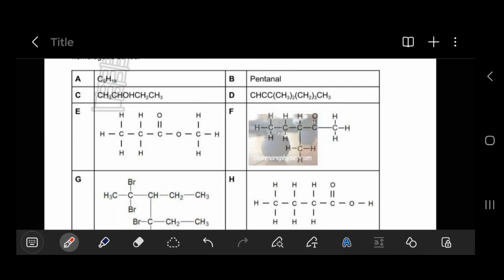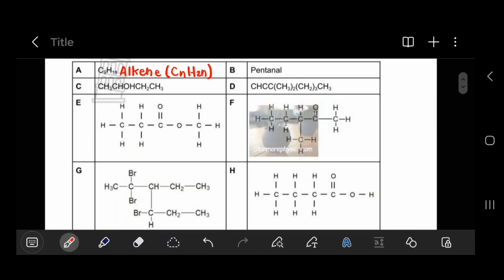Think of the general formulas that you learned. This has the format CnH2n. So A is definitely an alkene, just because of the general formula CnH2n.